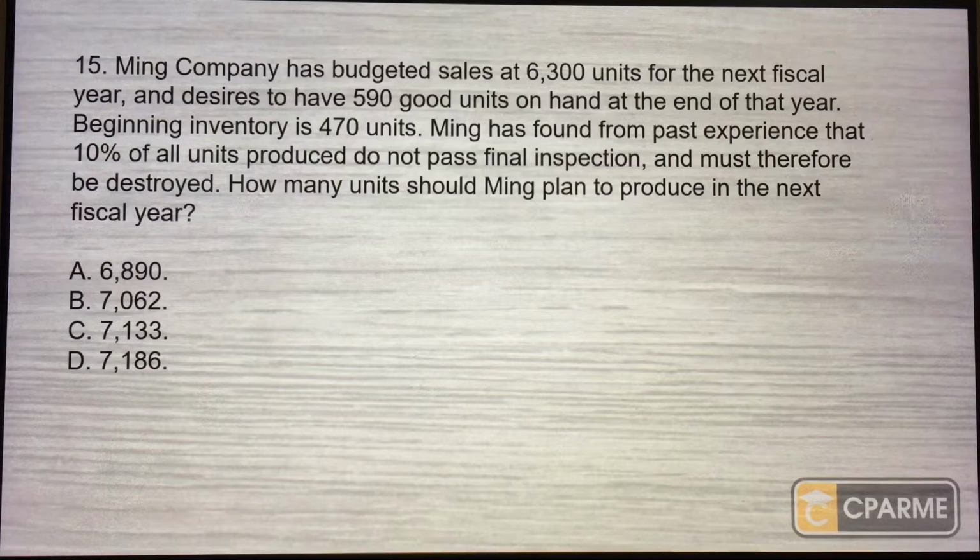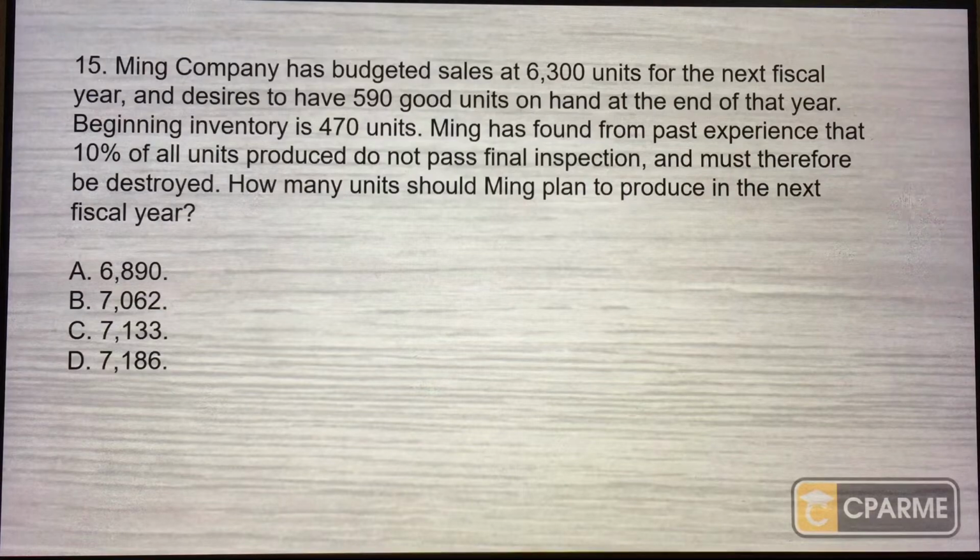So from here, Ming is being asked how many units will be produced, covering the 10% units that did not pass the final inspection, so that we could produce the good units based on the requirement. Again, we should start from the budgeted sales, which is 6,300, plus the ending inventory, which is 590 good units, less 470 units.